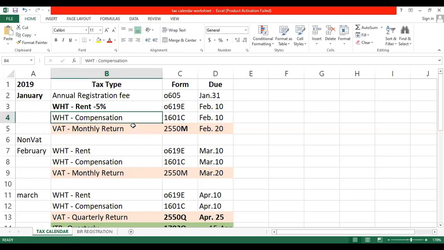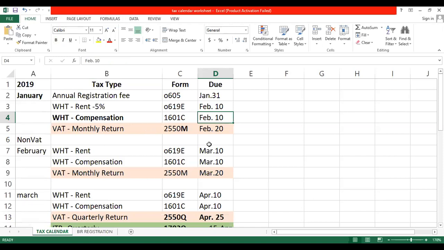Also, in your assignment, the business has employees. The government requires employers to withhold or deduct the tax of the employee from their salaries. For example, I had my salary last month from UC for the month of June. Before they release my salary, UC would compute the applicable tax for my salary and deduct it, and then UC must remit that tax withheld on or before the 10th of the following month.